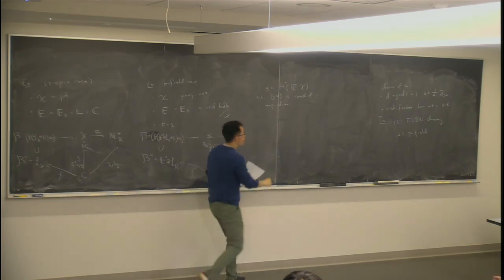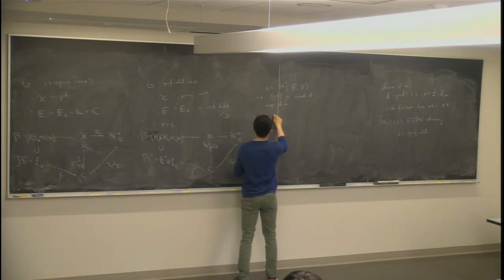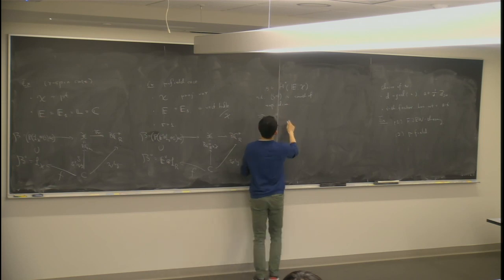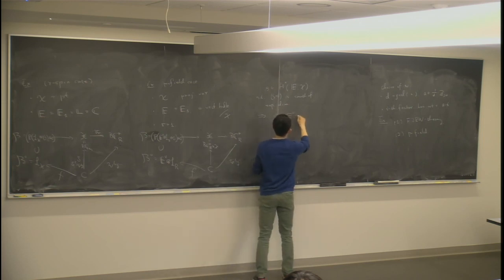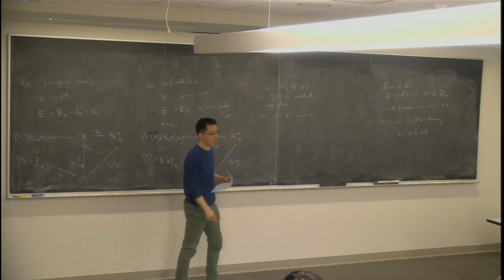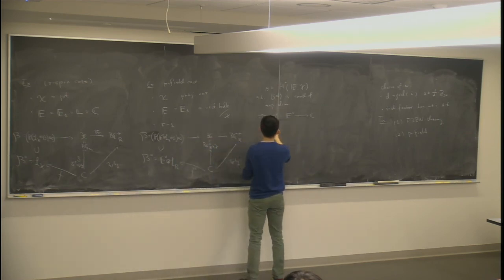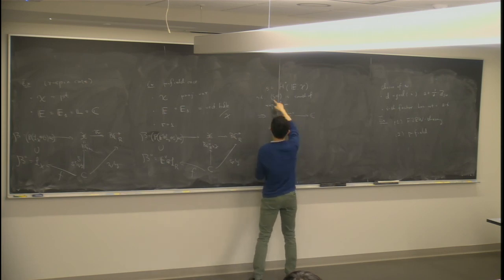Then you look at s dual, which is a function from the total space of E dual to C. And now you consider the critical locus of s dual, which is this one.